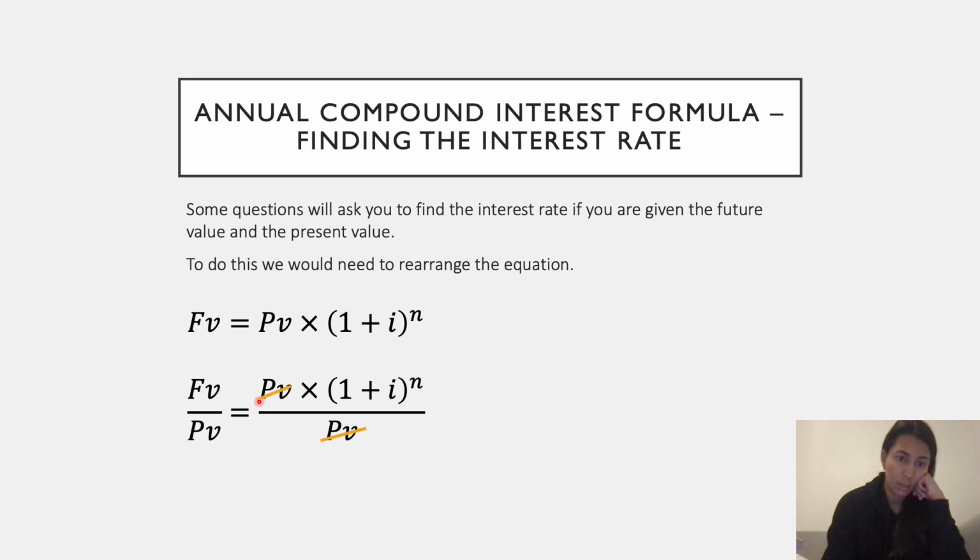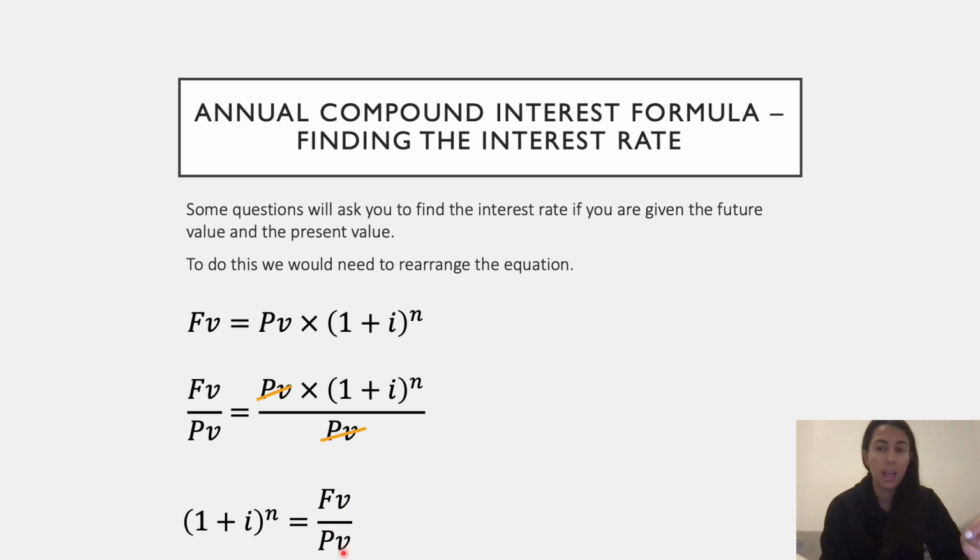These two will cancel out, and then I'm just going to rewrite it so that what we're looking for is on the left-hand side. Now we've got 1 plus i to the power of n equal to your future value divided by the present value. Then we need to get rid of n.